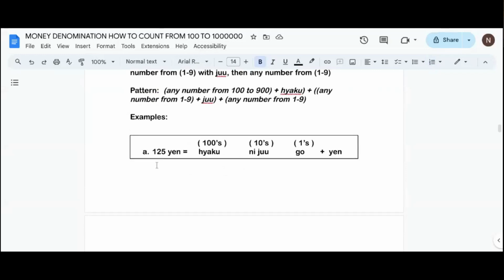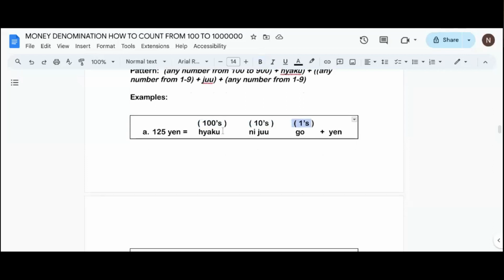So, for example, 125 yen, you have again the hyaku, and then your ju, and then your ones. It's very easy for you to remember. Hyaku, tens, and ones.